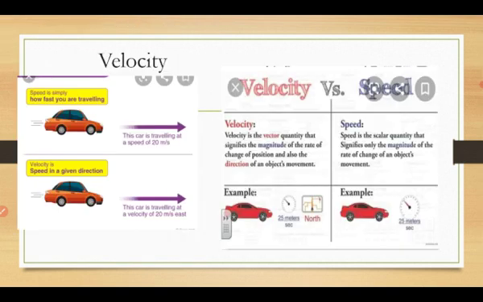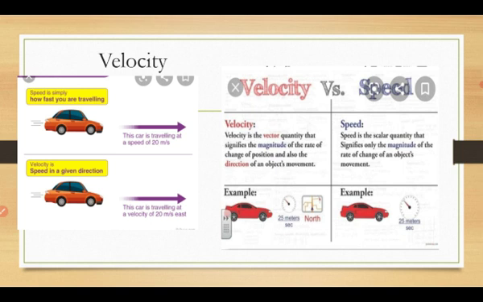Now students, we are going to study velocity and speed. What is velocity? Velocity is a vector quantity that signifies the magnitude of the rate of change of position and also the direction of the object's movement.